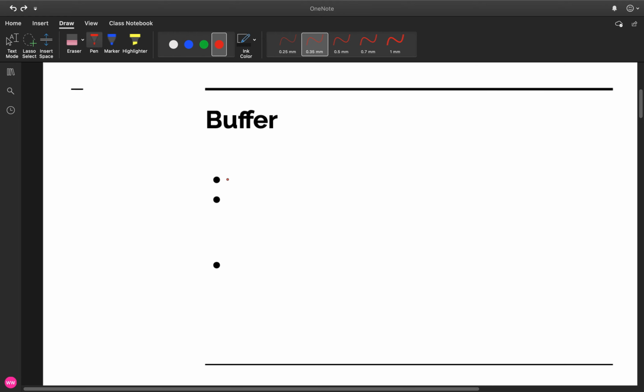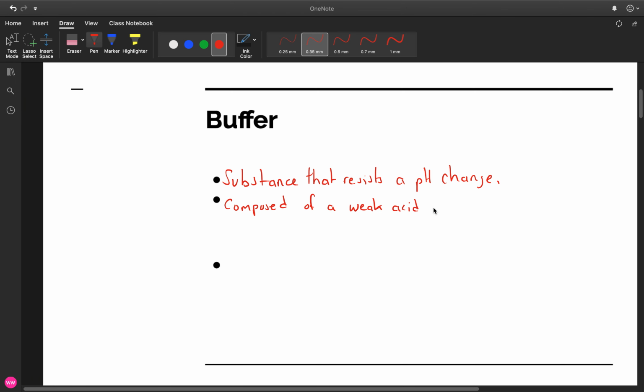A buffer is a substance that resists a pH change, and every single buffer that we're going to be looking at is composed of a weak acid and its conjugate base, or vice versa, a weak base and its conjugate acid.